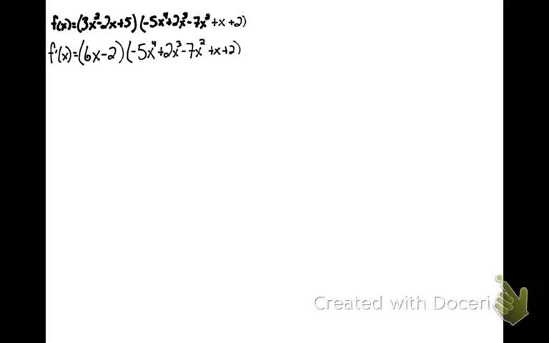And it's this plus the first function, in this case 3x squared minus 2x plus 5, times the derivative of the second function, which would be negative 20x cubed plus 6x squared minus 14x plus 1. And I can imagine some of you saying, do we have to clean this up?